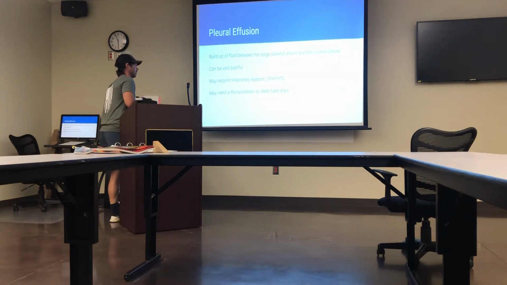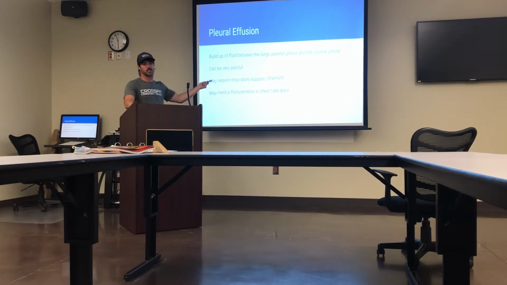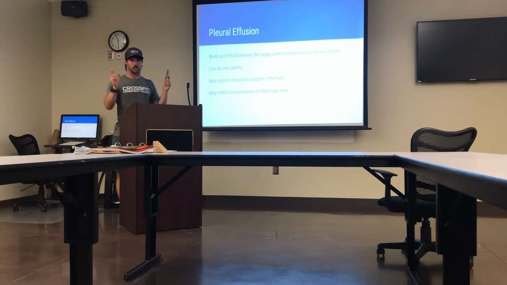Pleural effusion is a buildup of fluid between the parietal pleura and the visceral pleura. This can be very painful. It may require respiratory support, CPAP plus pressure support, which I'll get into later when we talk about ventilator settings. This is basically your bi-level setting or what people would call BiPAP.